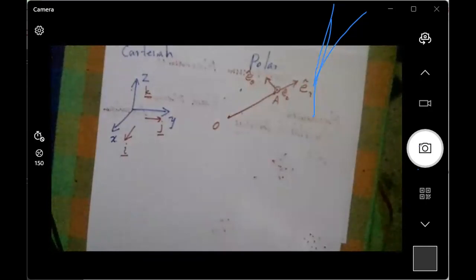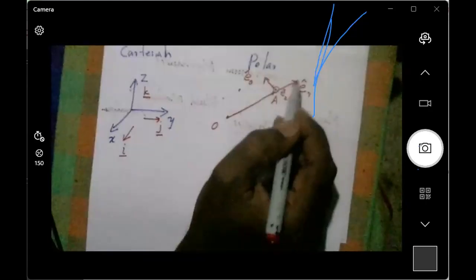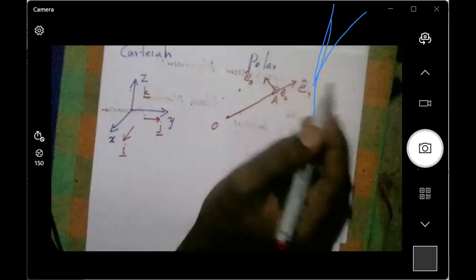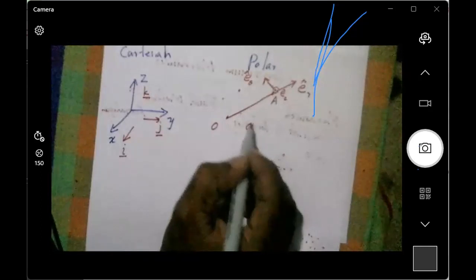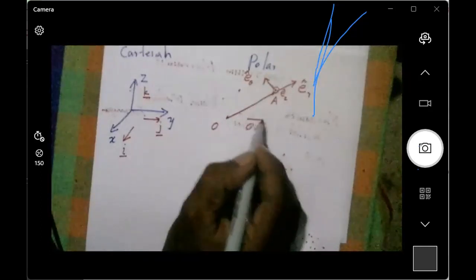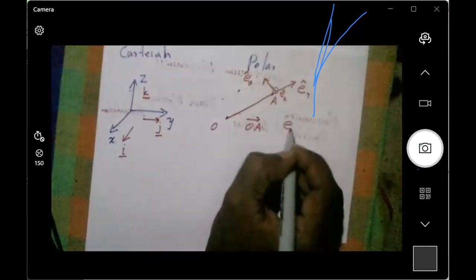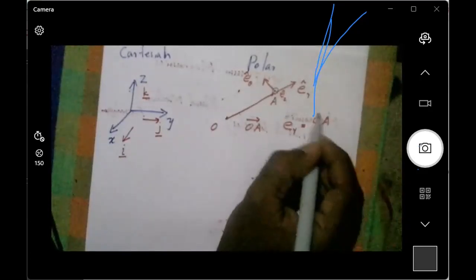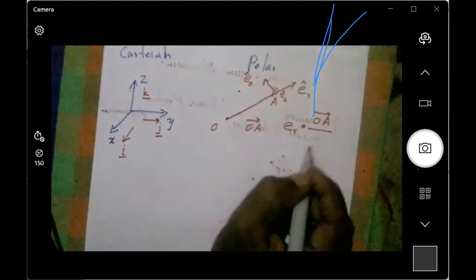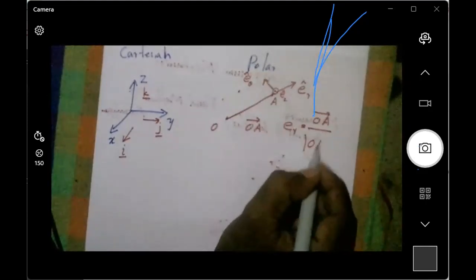Using that position vector, you can define a unit vector in the same direction. So ER is in the same direction as the position vector of A. The position vector is OA, and ER is OA divided by the modulus of OA.